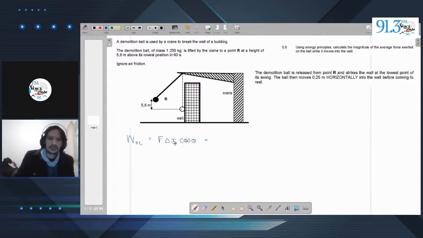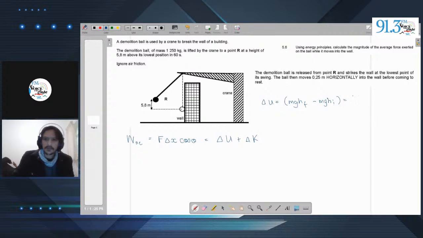But this is also equal to the change in potential energy plus the change in kinetic energy. So let's first solve for our change in potential energy. The change in potential energy is equal to mgh final minus mgh initial.